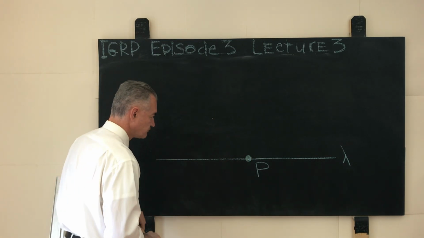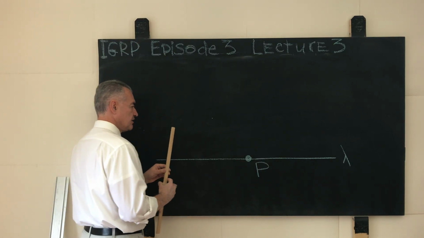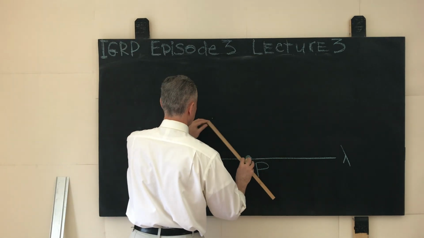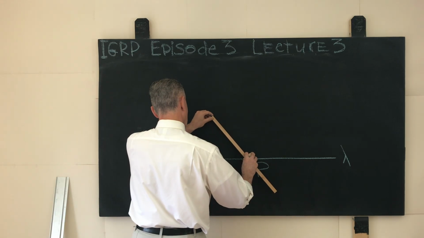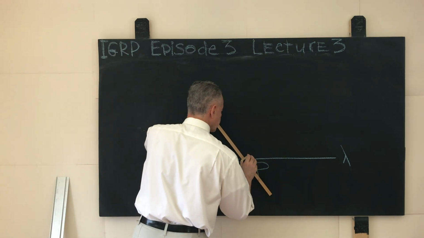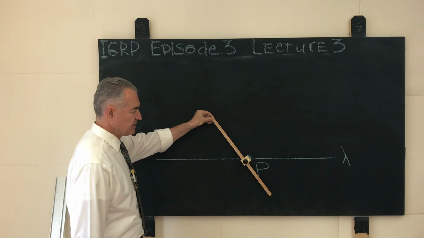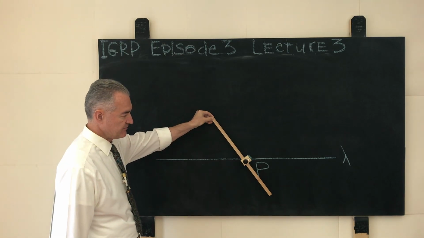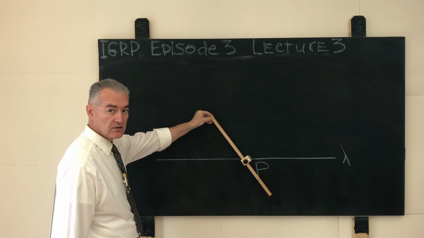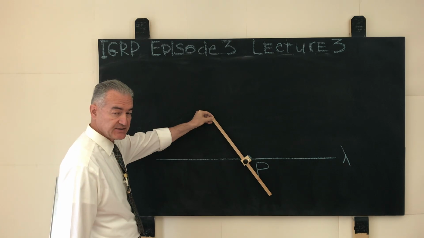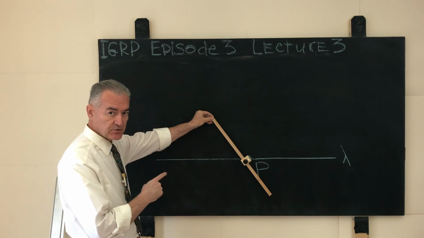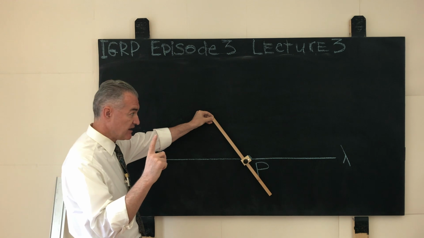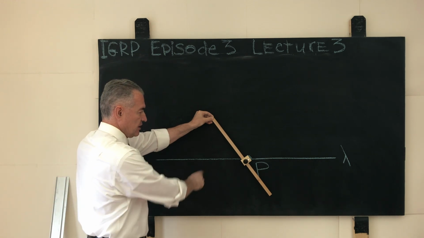Step number 1. It is a little bit slippery, but the idea here is the following. Open up the compass, Euclidean compass, to a distance that is guaranteed to be larger than the distance from the center of that helper auxiliary circle number 1 to the line, that is, its radius.